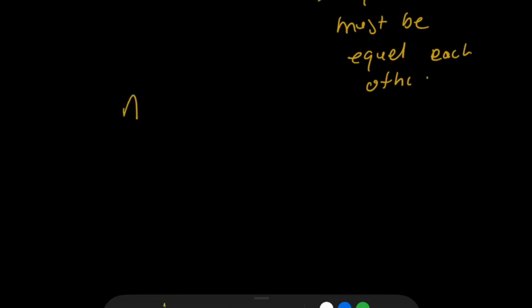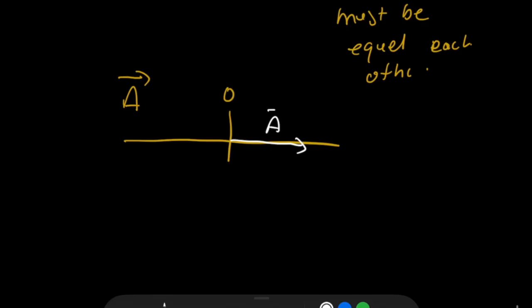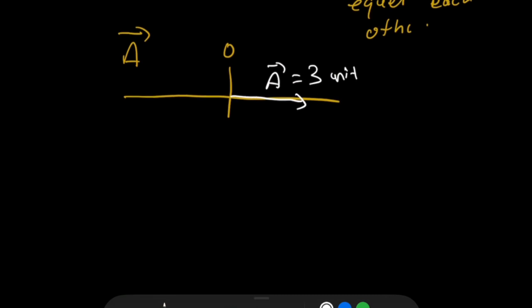Let's say a vector, this is 3 units, and we have b vector, this is also 3 units.